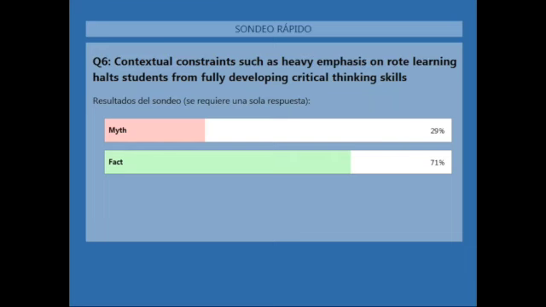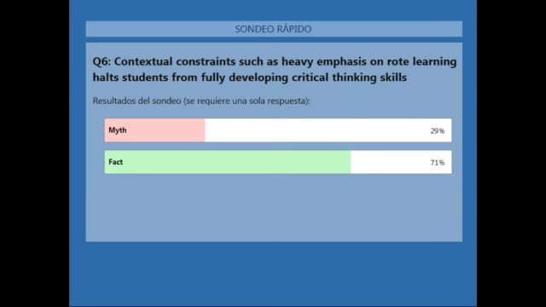71% say it's a fact, 29% say it's a myth. And yes, it is a fact. So we were saying before about a wide spectrum of approaches toward teaching. We mentioned it's like a continuum that goes from teacher-centered to student-centered, and we will analyze this part in a little while.